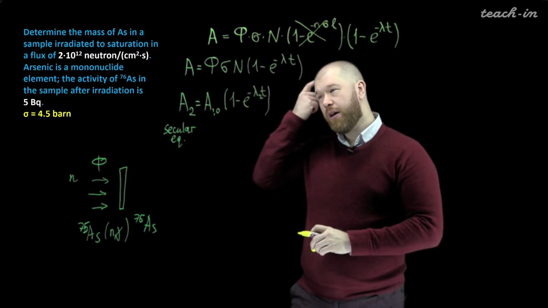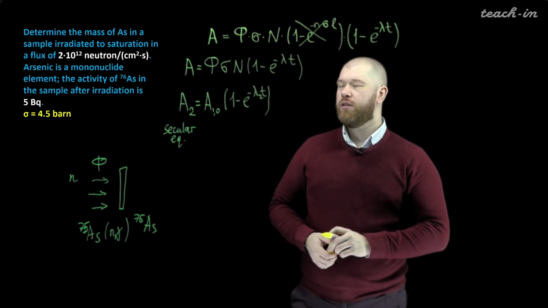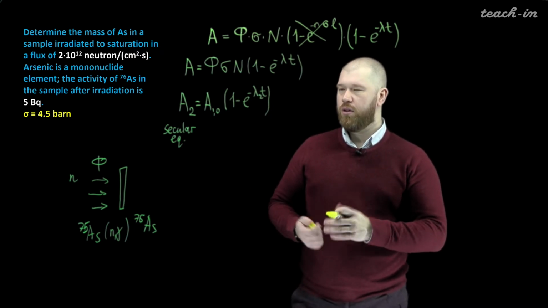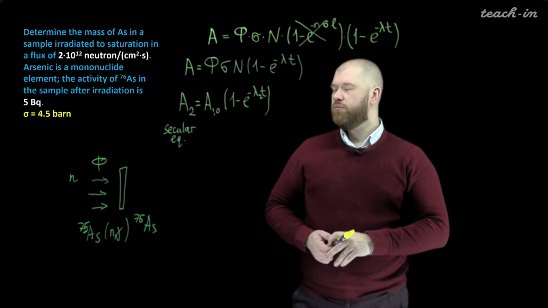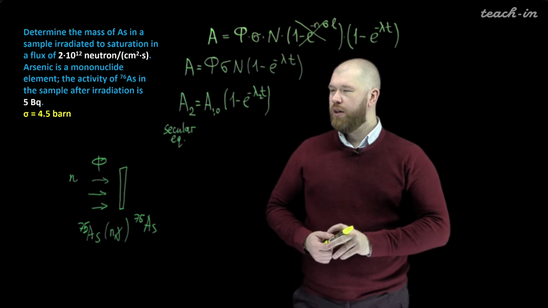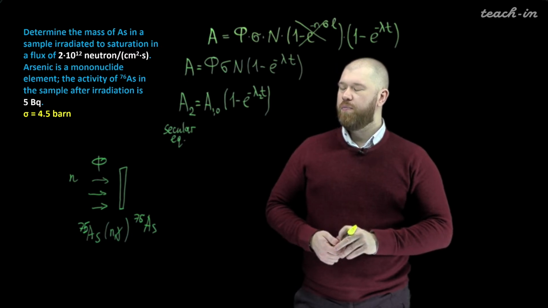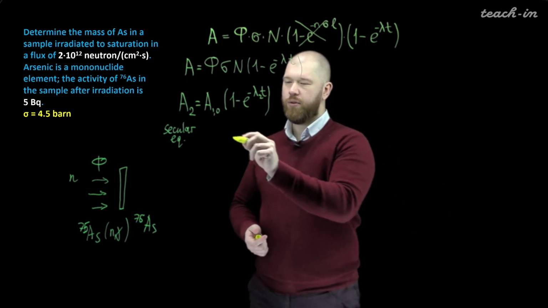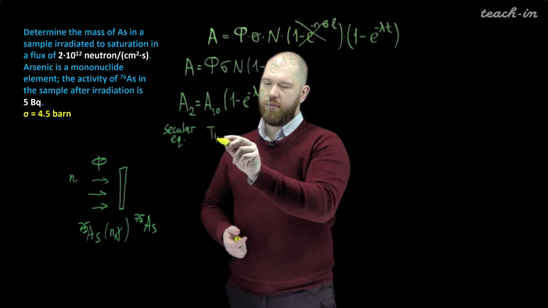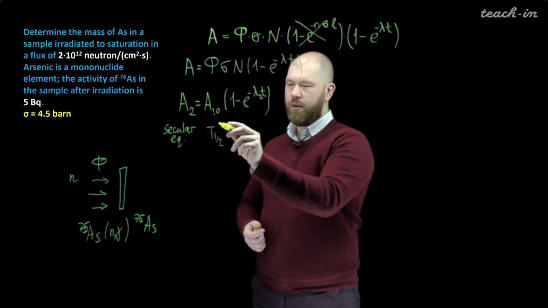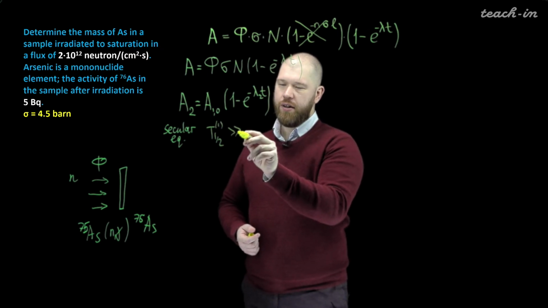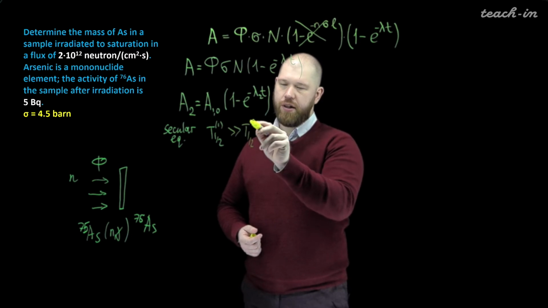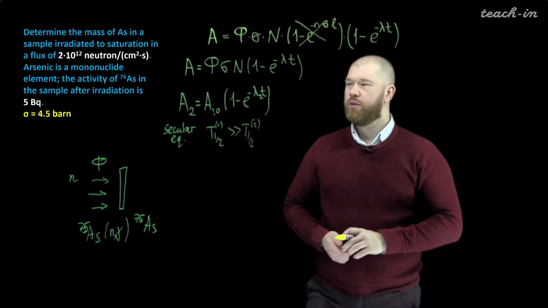So in the brackets we have 1 minus exponent to the degree minus lambda, the decay constant for our daughter radionuclide, times the time of observation. And what are the conditions for secular equilibrium? In secular equilibrium, the half-life of the mother radionuclide is much longer than the half-life of the daughter radionuclide.